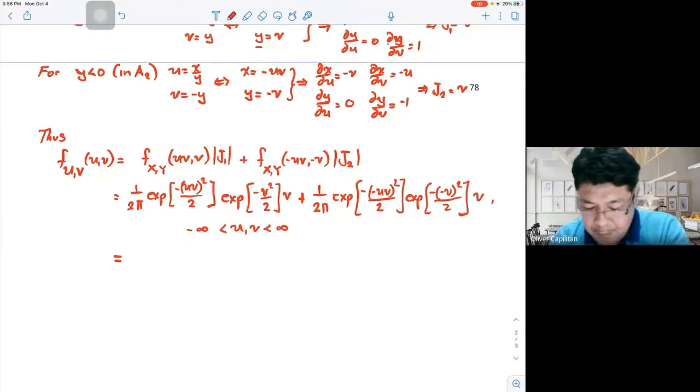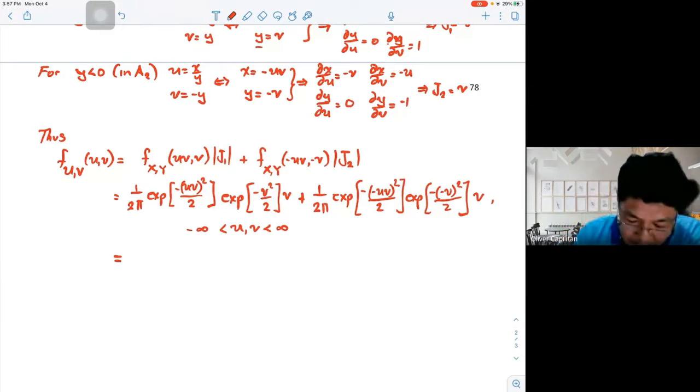So from the first term, we have two exponential functions. Pwede natin itong ma-add, the same expressions, because in the second term, the square of the negative uv will just be equal to the square of uv, and the square of negative v will also be equal to v square. Okay? So pwede na lang yan siyang ma-add.